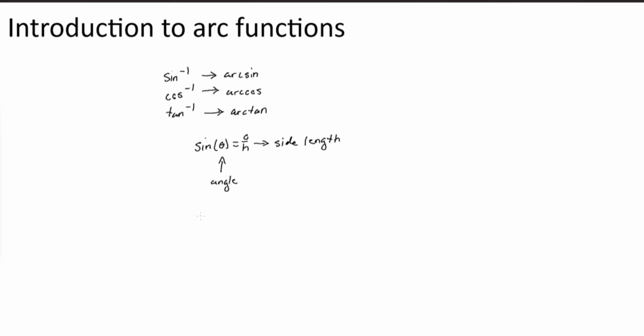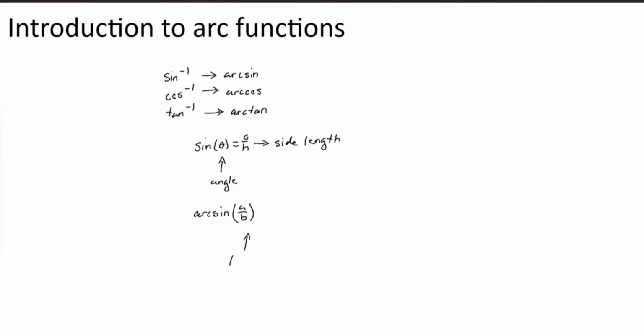The arc functions, I'm going to keep it simple. Take arc sine, for example. The input isn't an angle, it's actually a ratio. So the input is actually two side lengths.